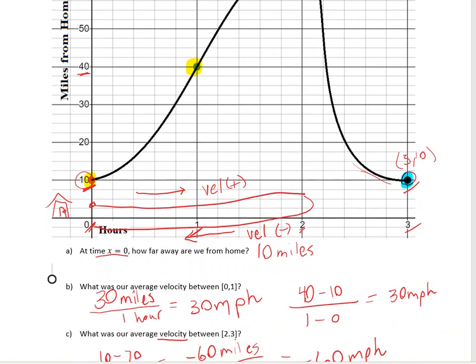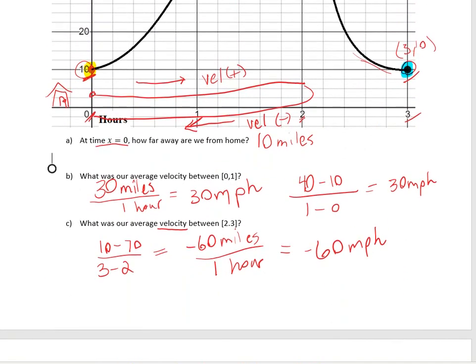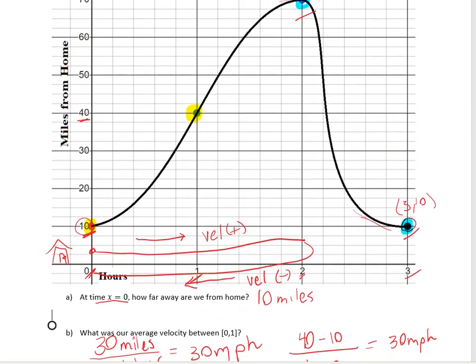So when we're finding the average velocity, what we're doing is looking at the change in our y's over the change in the x's. Well, that feels really familiar to me. So let's look at this. I'm looking at the first one between hour 0 and hour 1.